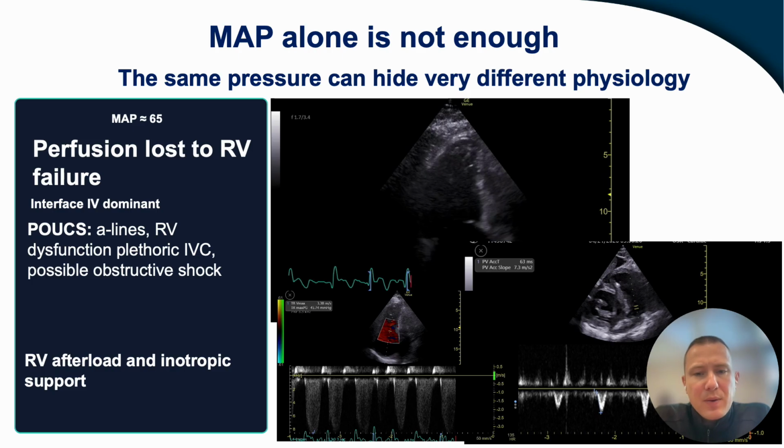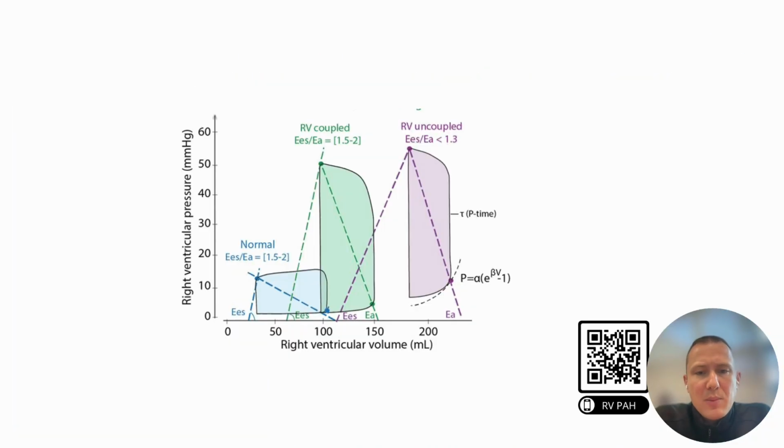So again, disorder of interface number 4, the right heart, can lead to substantial perfusion problems.